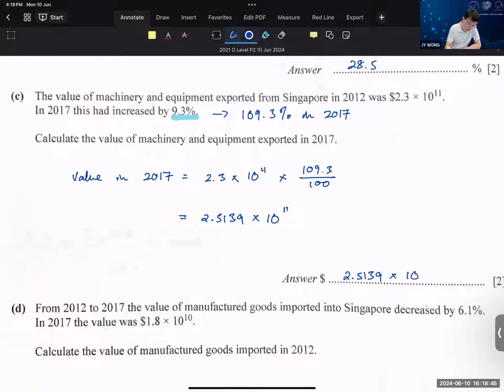But if you round it off to 3SF, I think they will accept it still. But actually, if you think about it logically, you should not round off. Technically, it's an exact value. Okay.